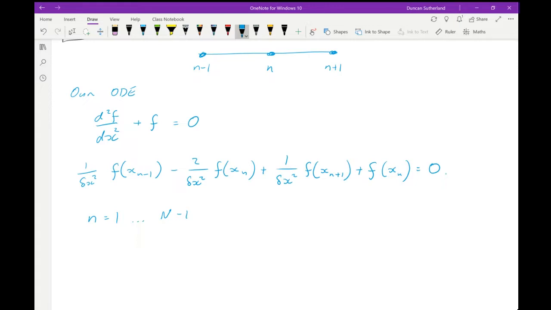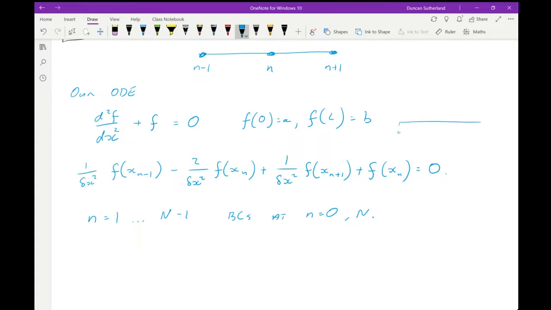Right? We actually have boundary conditions at the far end. So this is how we traditionally label our points, right? So this will be our boundary condition there.